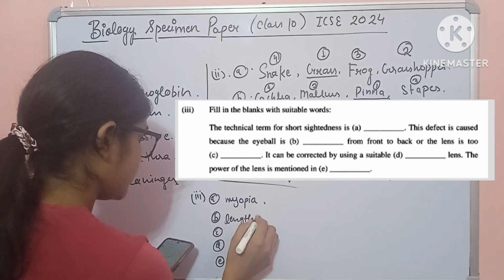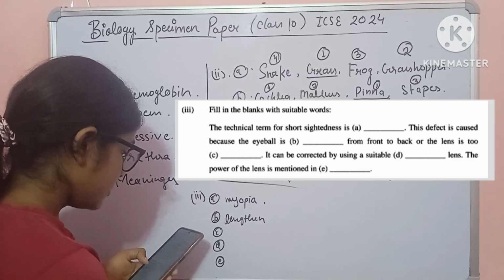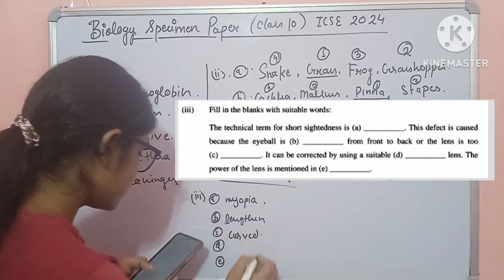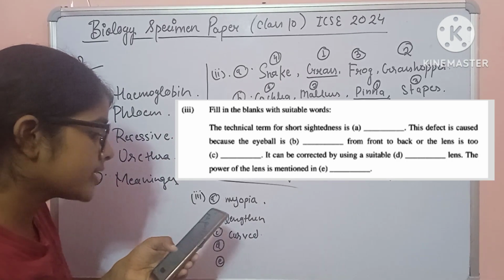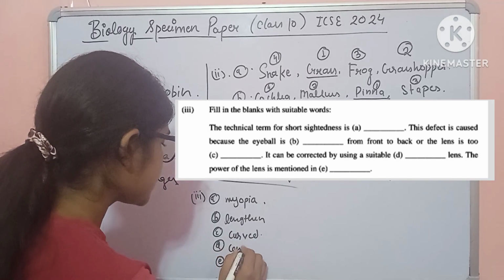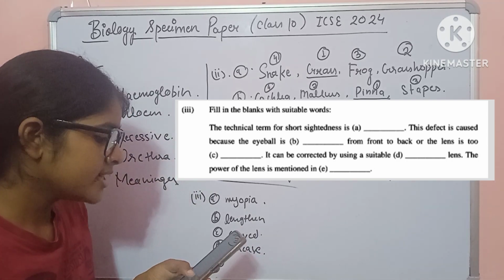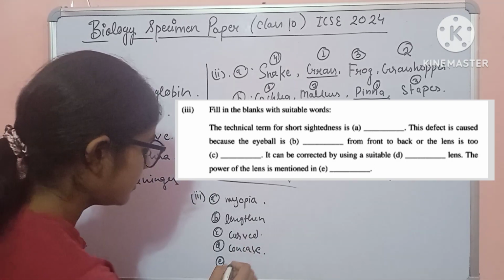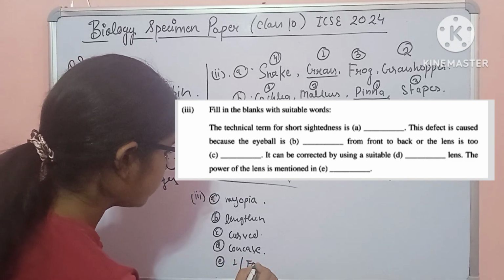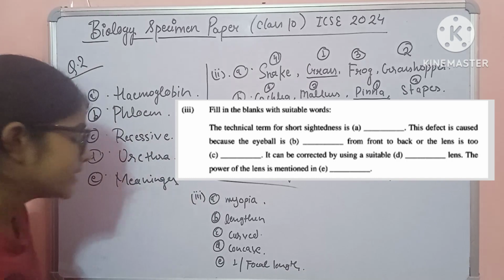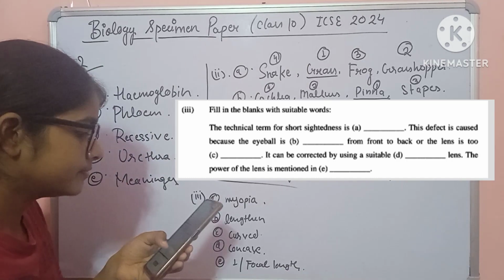Lengthen. Okay. Is it too curved? This is the answer. It can be corrected by using a suitable concave lens. Okay. The power of the lens is mentioned in C. 1 bifocal length. This is third part completed.